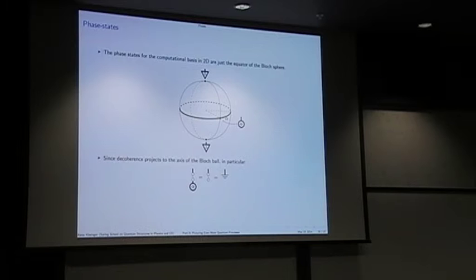So you can see, because the decoherence map takes something on the surface of the Bloch sphere and projects it onto the center axis, that if we project anything from the equator onto the center axis, we'll just get the maximally mixed state. So this is saying that the decoherence phases get clobbered when we go from quantum to classical. So decoherence kills phase data.